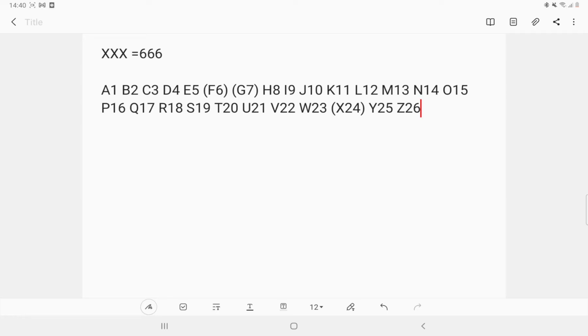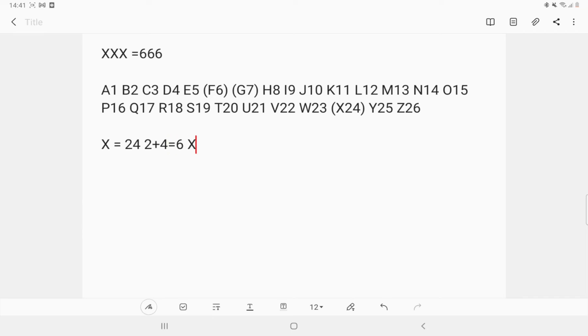So what we're going to do with this is, of course, in gematria, in the English ordinal, X will just equal 24. But what we do with this is X equals 24, and then we do 2 plus 4 equals 6.